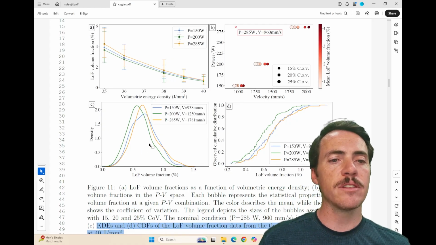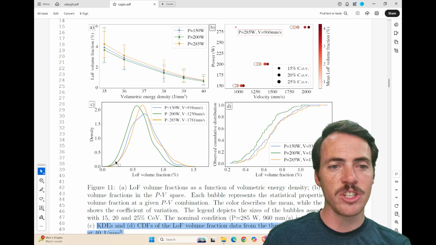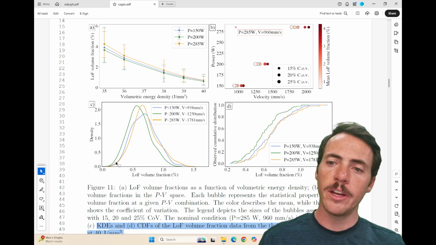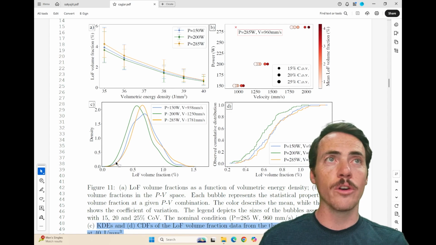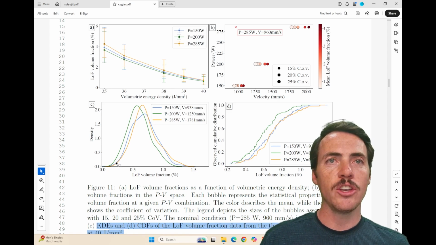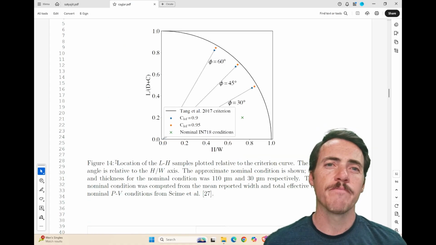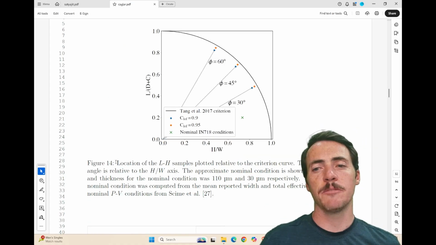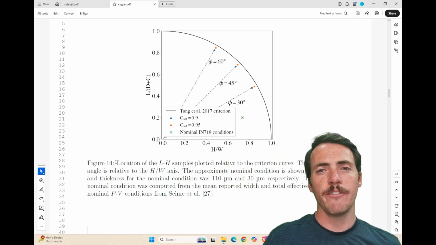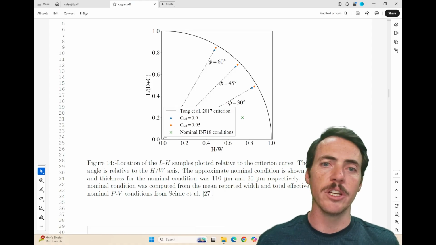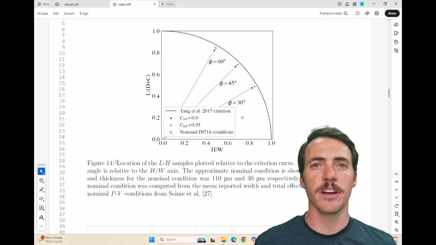And note that the presence of these sort of extended tails suggests that even though there's a low probability of finding these sort of large defects far from the mean, you can still find them. That it's not zero, right? They can still exist. In fact, they were able to go back to that analysis by Tang in 2017 and identify regions in your processing conditions that will lead to suboptimal conditions in terms of creating stochastic defects.